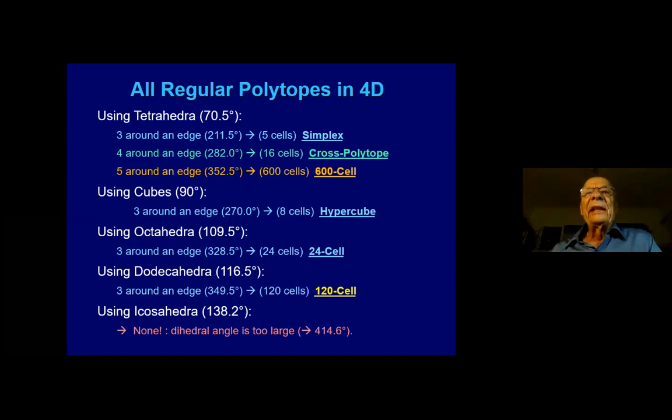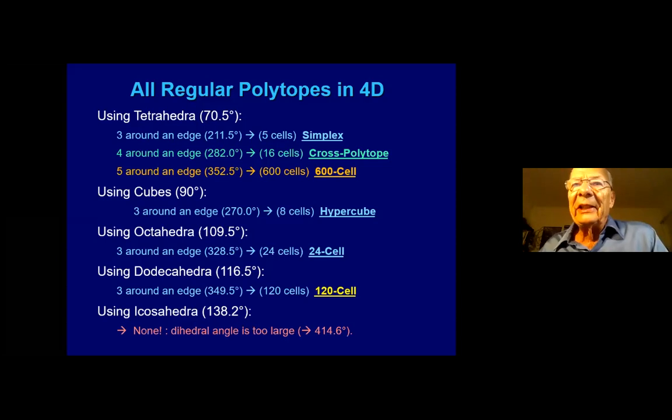So all 3 options of using 3 or 4 or 5 tetrahedra yield valid regular 4D polytopes. They are respectively called the simplex, the cross polytope, and the 600 cell. With cubes, there is only one valid option. 3 cubes around an edge form a hypercube corner. We can also use 3 octahedra and make a valid corner.